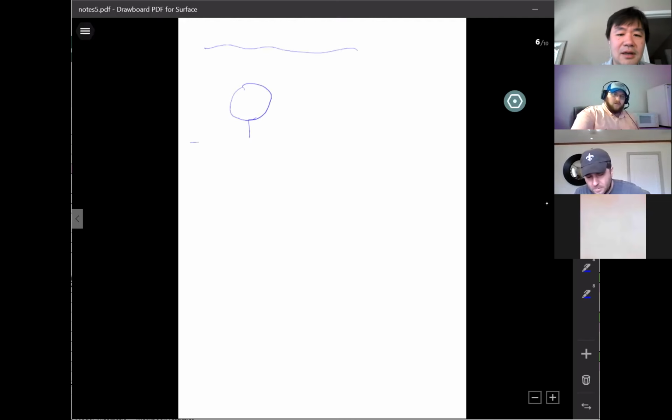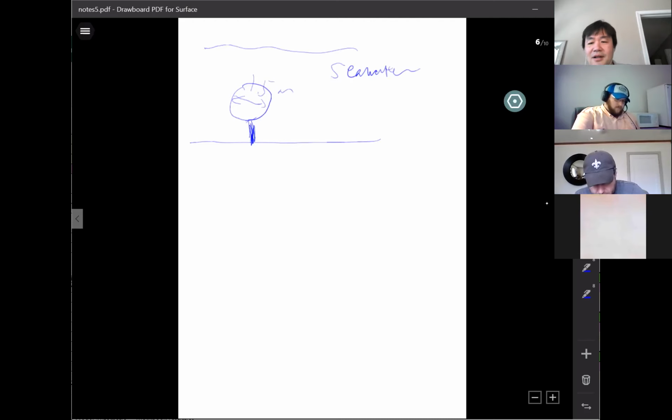Now let's look at an example. Let's say you have a sphere underwater, connected to the ground, the sea. This is seawater. It's like a balloon, 1.5 meter in diameter, under, let's say, the Pacific Ocean. We do have a lot of stuff like this under the Pacific Ocean.